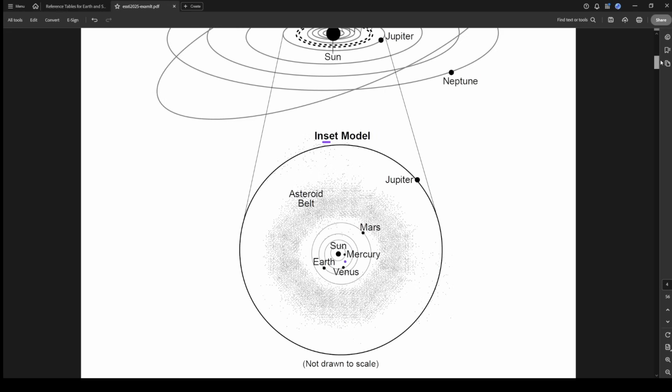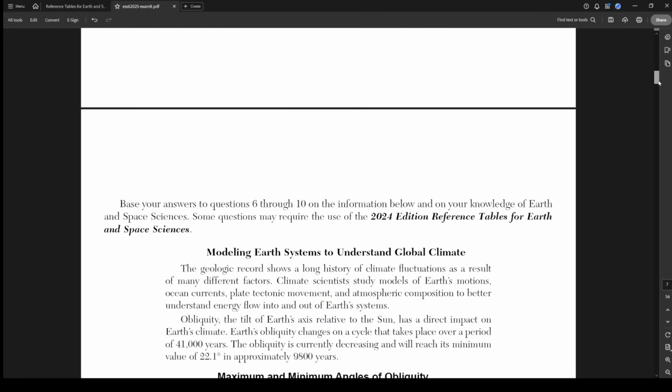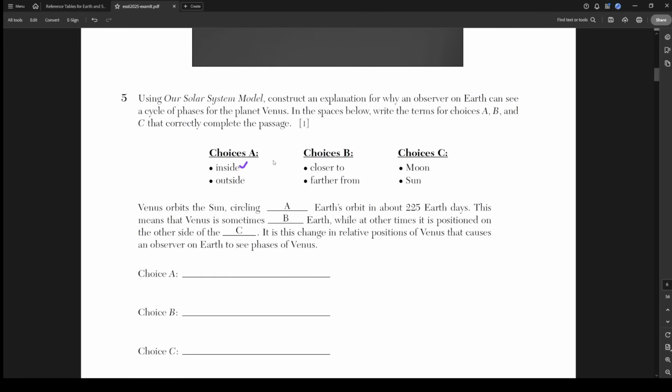If you didn't know that, you could see Venus is inside Earth's orbit. Earth's orbit is here, Venus is inside of it. That choice was given in the diagram, so we could just fill that in, in about 225 Earth days.